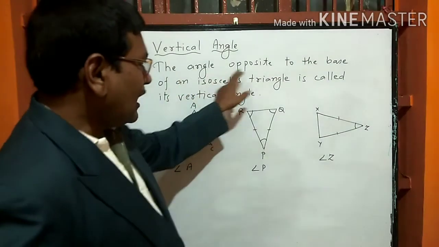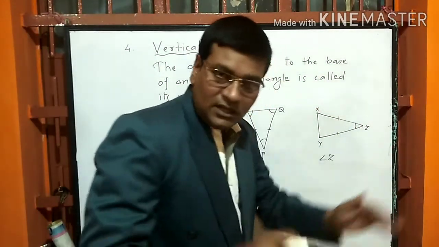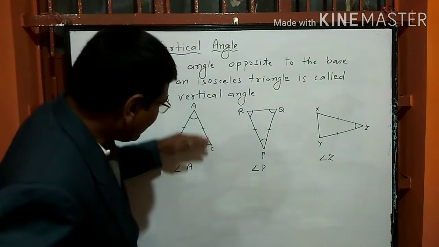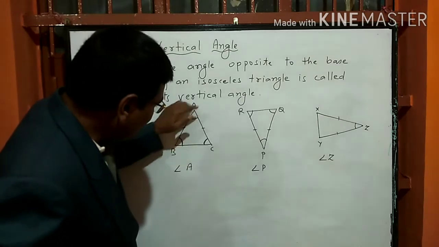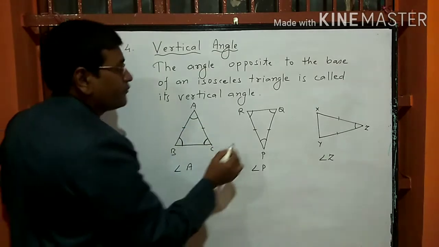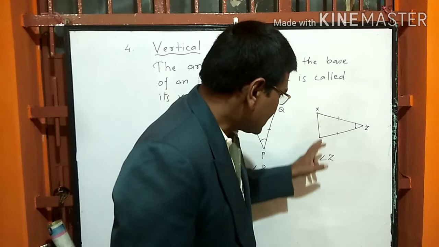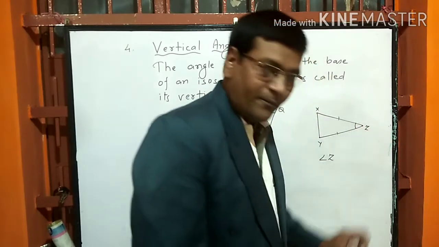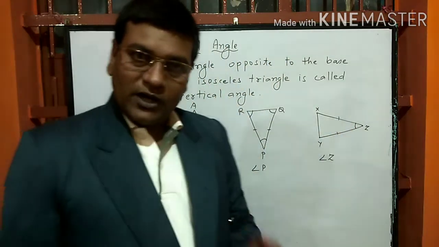The angle opposite to the base, in front of the base, is called the opposite angle. This is base and its opposite angle is A. This is base, its opposite angle is P. XY is the base and its opposite angle is Z. This opposite angle, opposite to base, is called vertical angle.